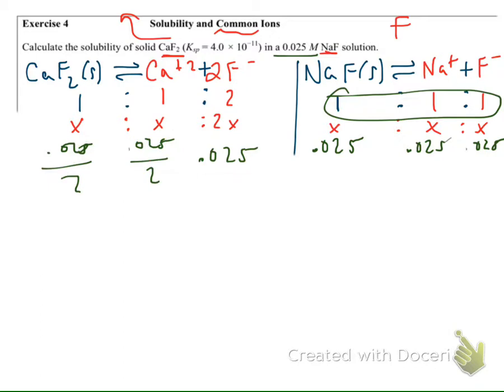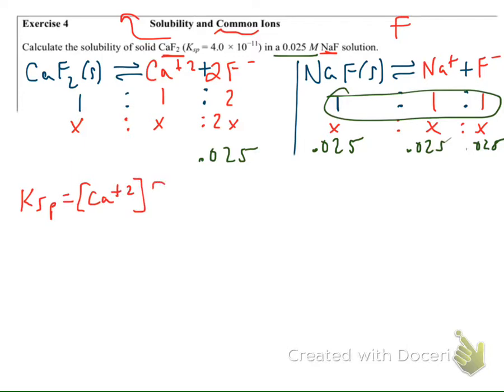So what we need to do is relate them with the F minus, but also using something that relates to the CaF2, which is its KSP value. When we have a KSP value, we need to set up an equation that uses the KSP. So that is KSP equals my Ca plus 2 times my F minus squared.